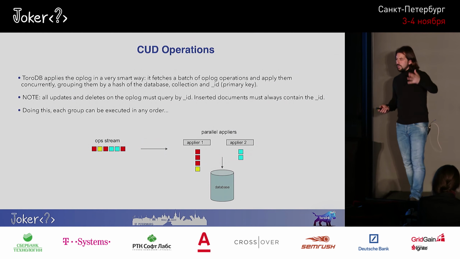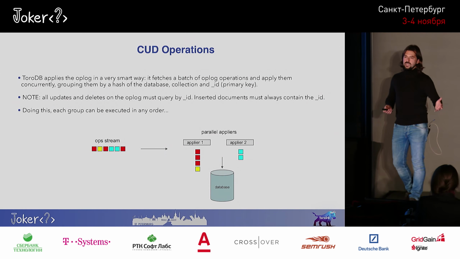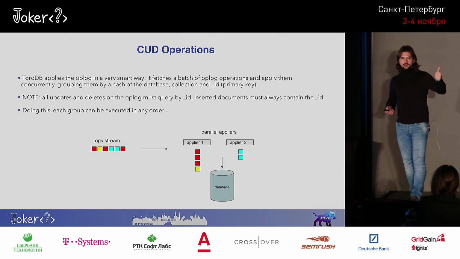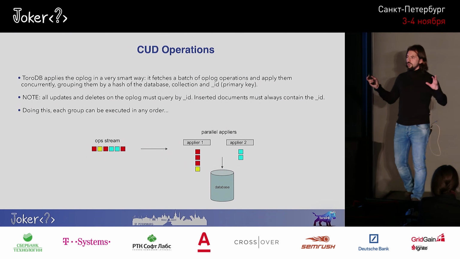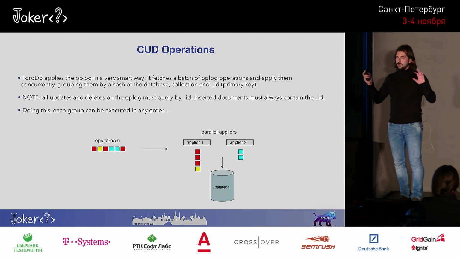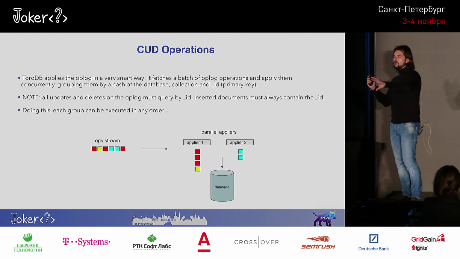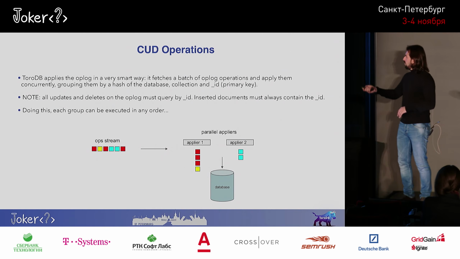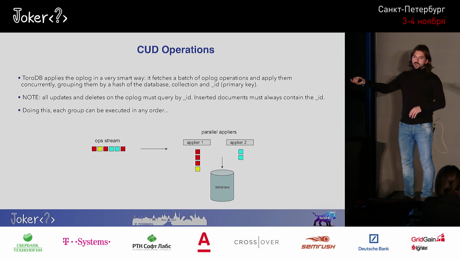because everything is identified in MongoDB with _ID, the triple database, collection, _ID is a grouping indicator. So we group operations for this 3-tuple, the database, collection and _ID, and those operations we execute on the same thread, in the same order.